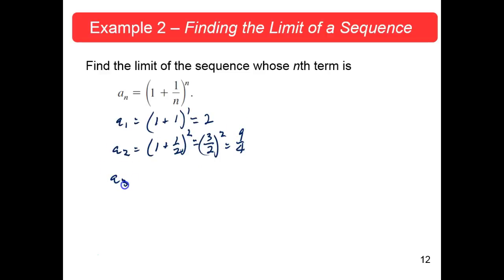A sub 3 would be getting nasty fast, isn't it? Oh. Okay. Not the way to go, is it? Really somewhat difficult to evaluate there.